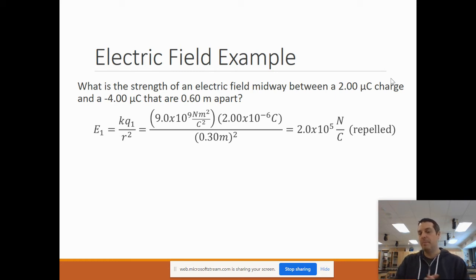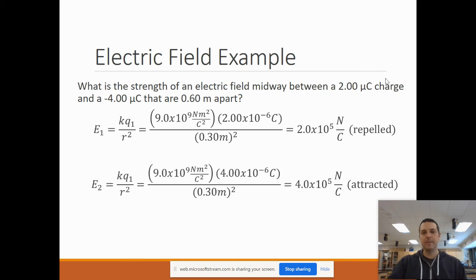This is repelling it, or a positive charge would be repelled by it. So the field strength is pointing away from the first charge. The second charge is 4.0 times 10 to the negative 6 coulombs. That's a negative charge. I determined this one to be 4.0 times 10 to the 5 newtons per coulomb, but this one is attracted.